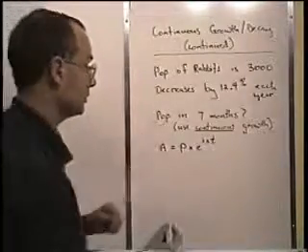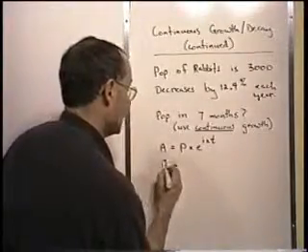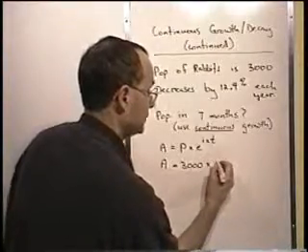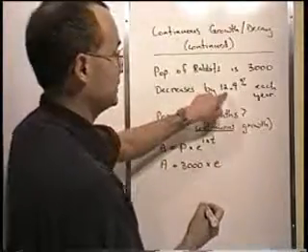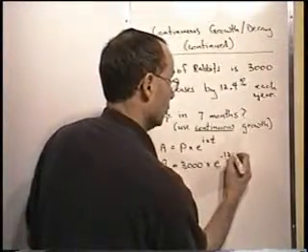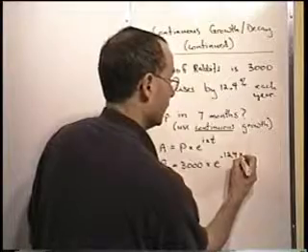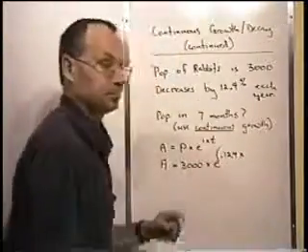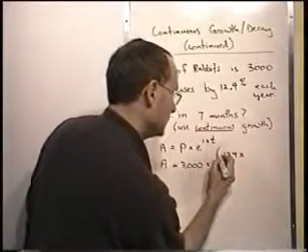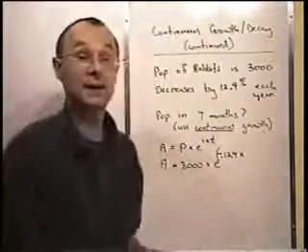So for this particular problem, A will equal 3,000 times e to the decimal version of 12.4, so 0.124 times. Now, because this is a loss, one little thing I neglected, it's got to be negative.